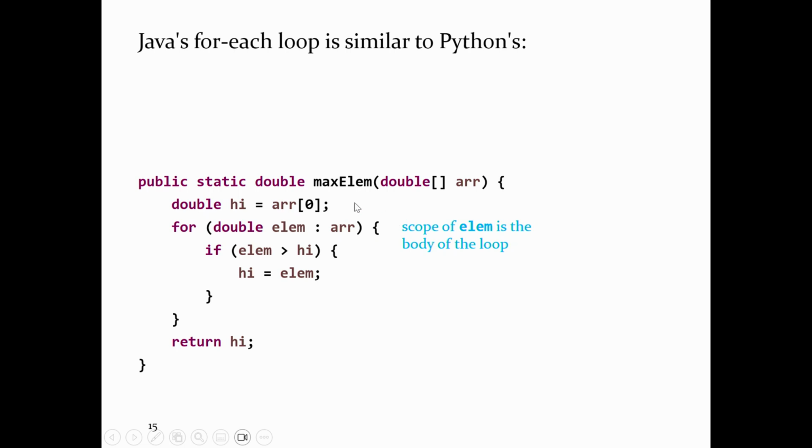If you need to use it after the loop, you have to declare elem up here, so you'd write double elem, semicolon, and now here you would write for elem colon arr. And then elem would be available to you after the loop. Here, the scope of elem is the body of the loop. Most loops that you will write, the loop variable only needs to work inside of the loop itself. Usually, you don't need the loop variable after the loop. There are cases when you do.